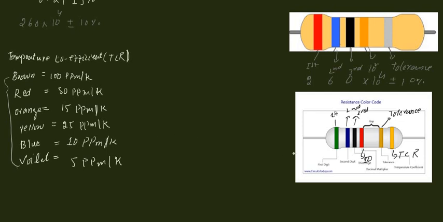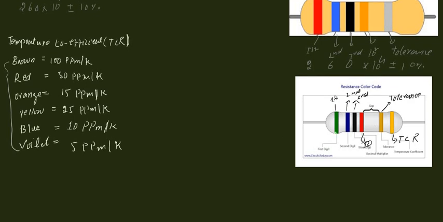So from the above table we determine the value of this resistance. The green band has the number 5, the blue band has the number 6, the black band has the number 0, and the red band has a multiplier of 10 raised to the power 2.